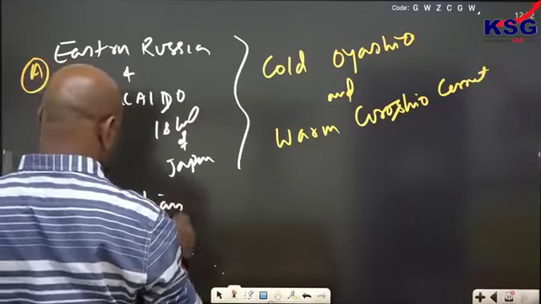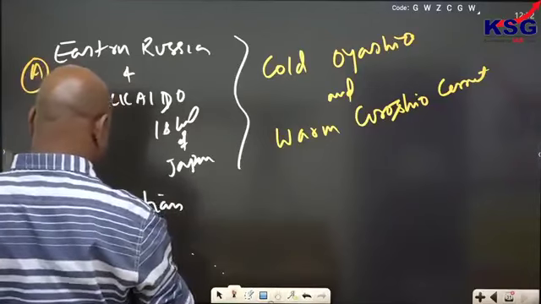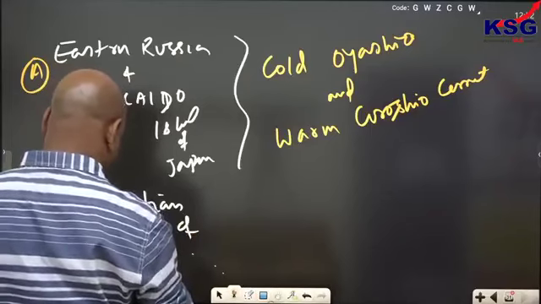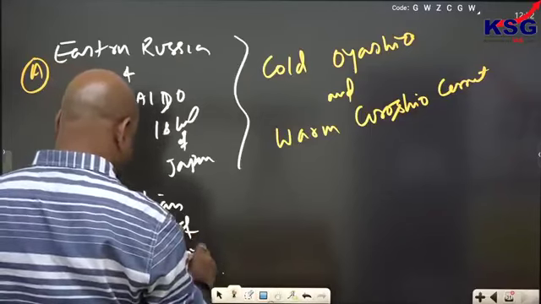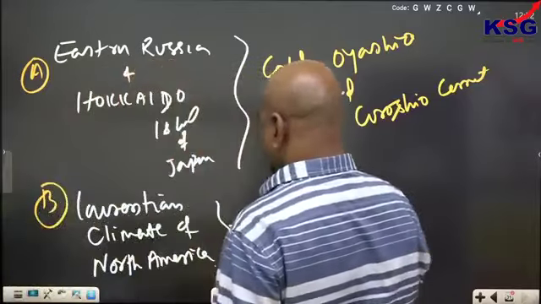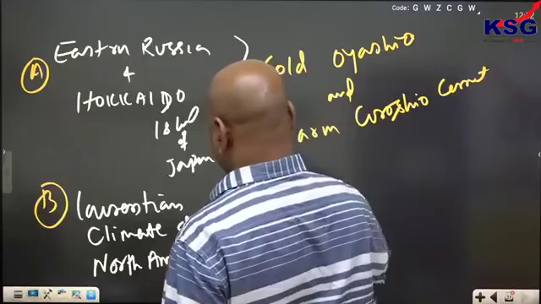पहला है ये। सेकेंड, लॉरेंशियन क्लाइमेट of North America. This region has Laurentian climate of North America. In this region we have कौन सा है?